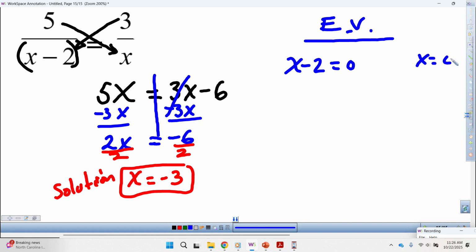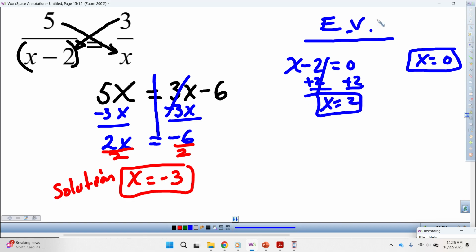X equal to 0. Let's solve. Oh, this one's already solved. Let's solve this one. Plus 2, plus 2. X equals 2. So my excluded values are 2 and 0. What was our solution? Negative 3. Is the solution any of those numbers? No, we don't need to worry about any of that.